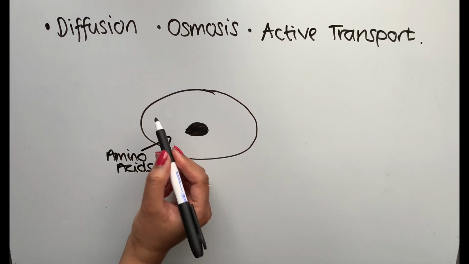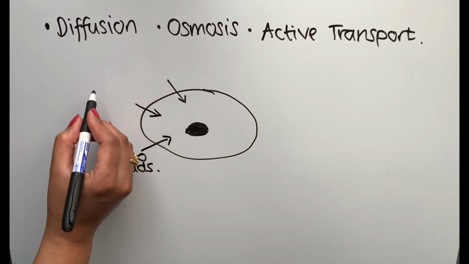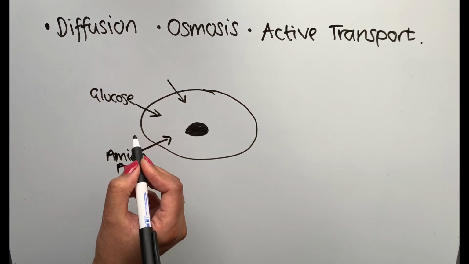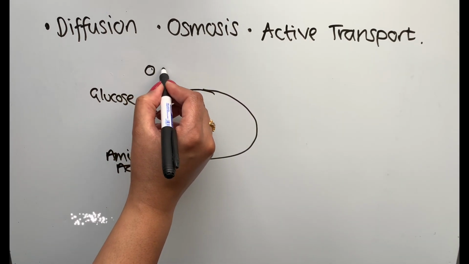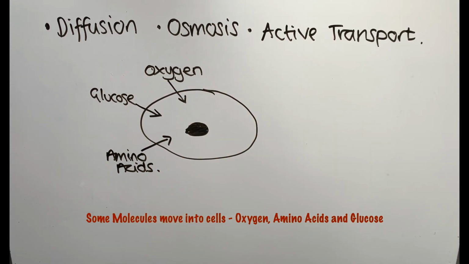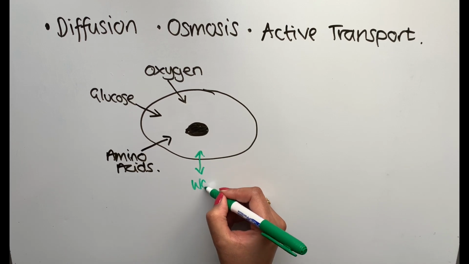We have glucose and oxygen, which need to move into our cells to enable respiration to occur. And then we have water, and depending on the activity of the cell, the water may either want to move in or out of our cell.